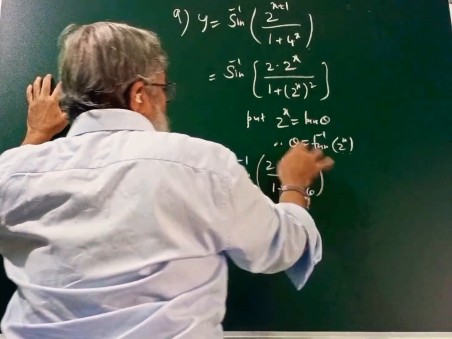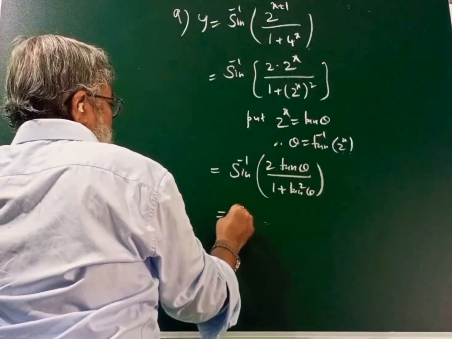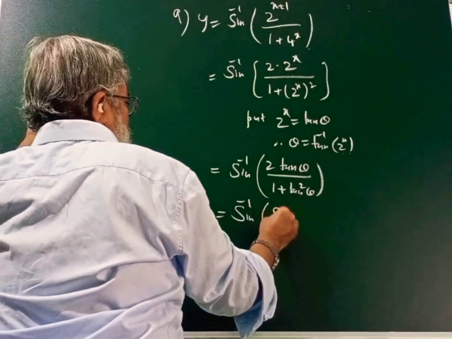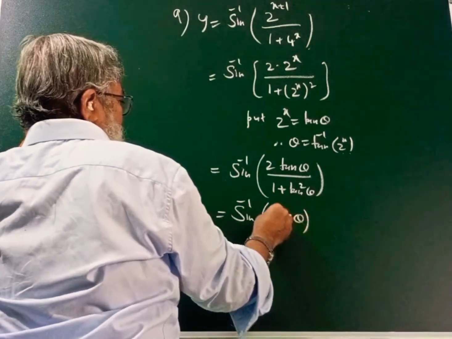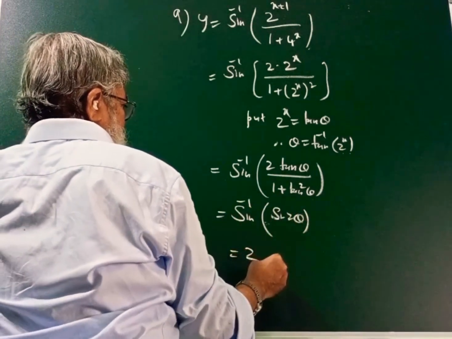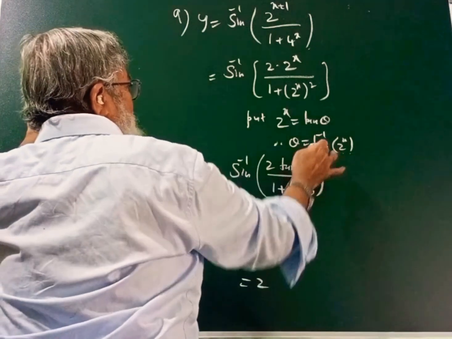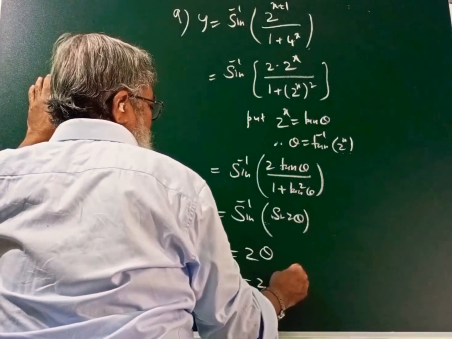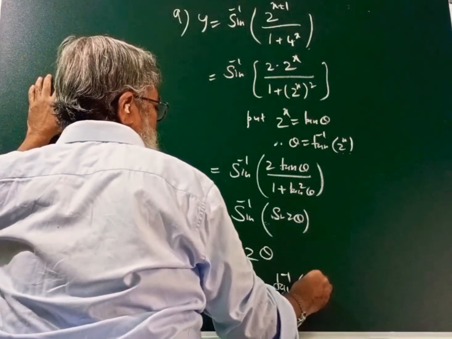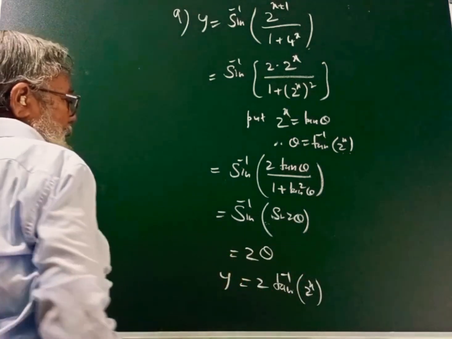We remember the formula. This is nothing but sine inverse of sine of 2 theta. Now sine and sine inverse cancel each other. It is 2 theta. Substitute the value of theta, tan inverse of 2 raised to x. Actually, this is the given function.